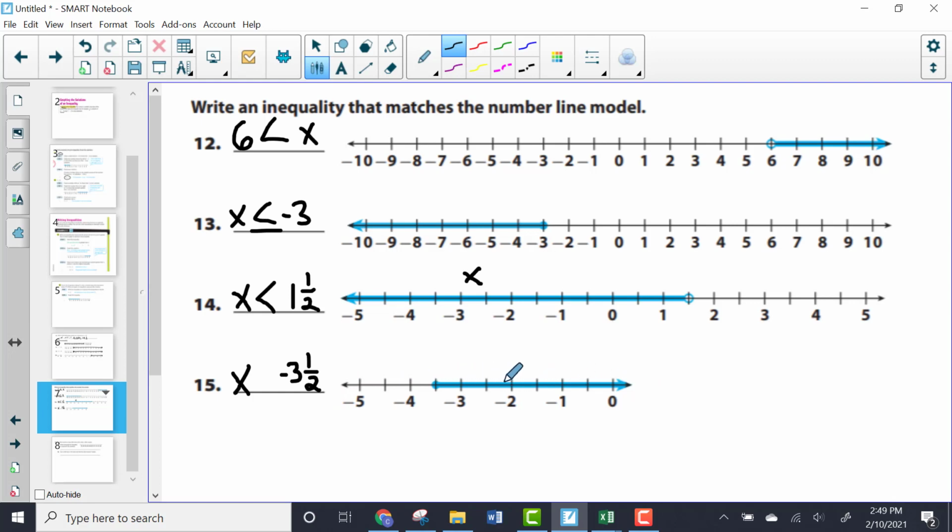That means x is going to be greater than 3.5, and that circle is colored in. So not only is it greater than, but it could possibly be equal to. Whenever that circle is shaded in, you put a line underneath your greater than or less than sign.